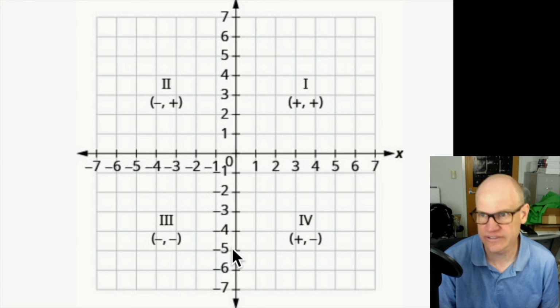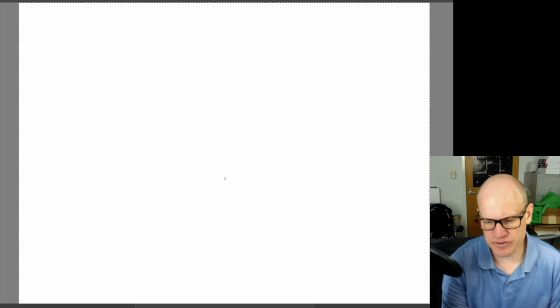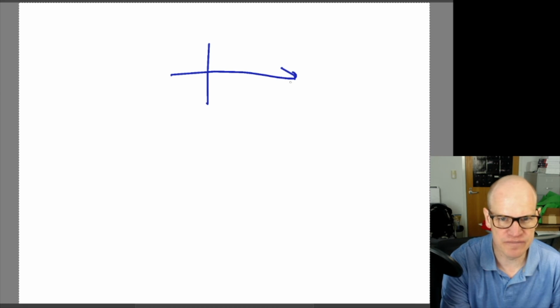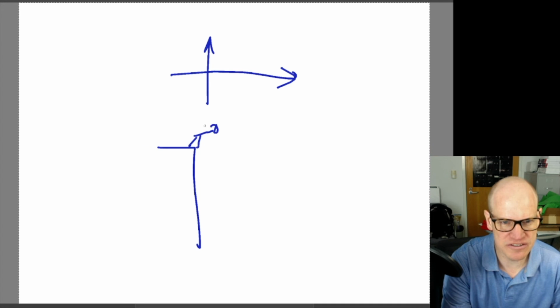Can I think of an example where I want a coordinate system where the positive numbers go down? Yes, that's pretty easy to come up with an example where you would want your coordinate system to be upside down from what you learned in math class. In math class, you learn positive goes to the right and positive goes up. In physics class, you might say, I'm going to start at some height and drop a ball. Here's me leaning over this cliff, and I'm going to drop this ball and find out how far it's traveled.